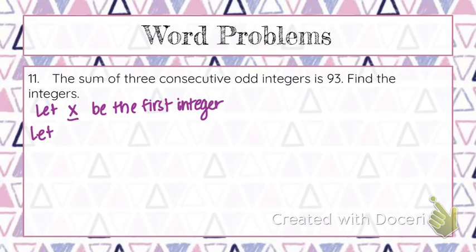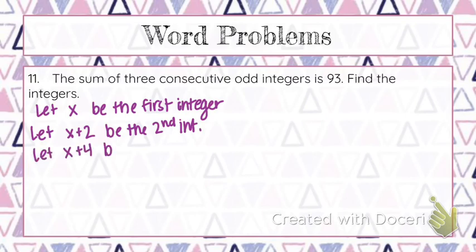Then whatever x is, the next number has to be x plus 2. Okay, so if the first number were 3, the next number would have to be 5. You don't have a choice. It has to be the next odd integer. So we're going to let x plus 2 be the second integer. And then finally, x plus 4 will be the third integer.